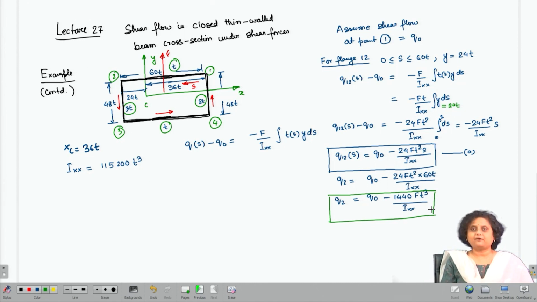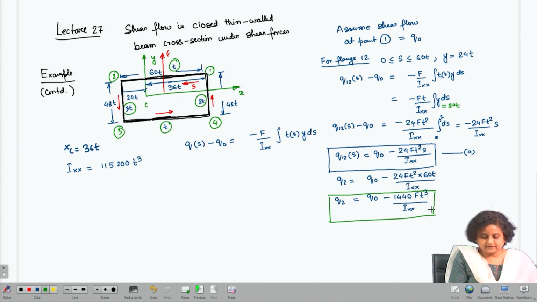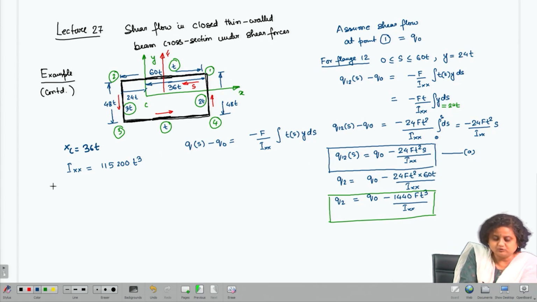Now, once I have found out Q2 in terms of Q0, I can further find out the shear flow in web 2-3.